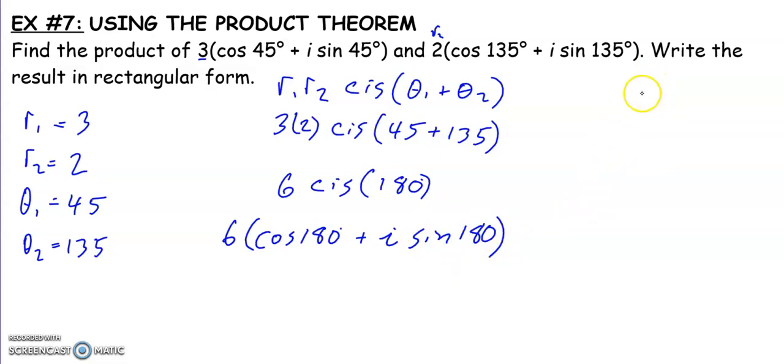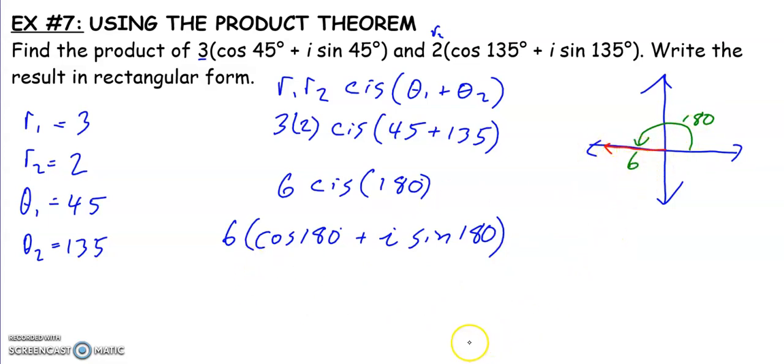And we can put that on our grid. And what we can see is we're talking about this vector right there, because my angle is 180. You can clearly see that the length of this is going to be 6, and there is no y value.